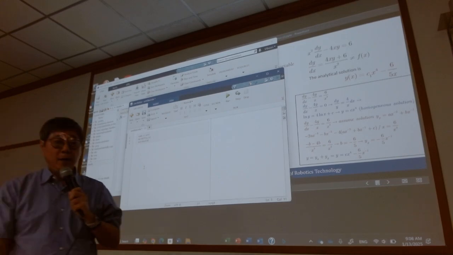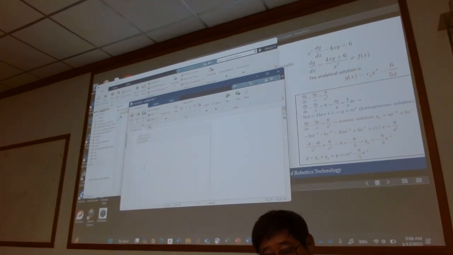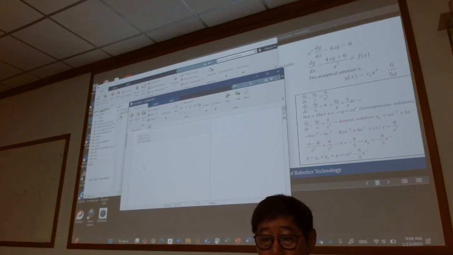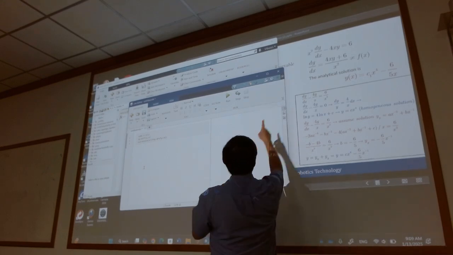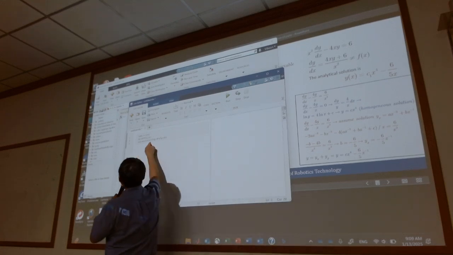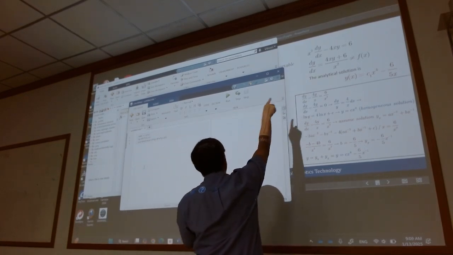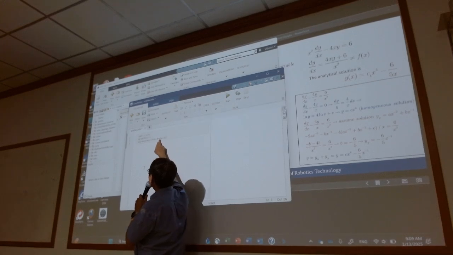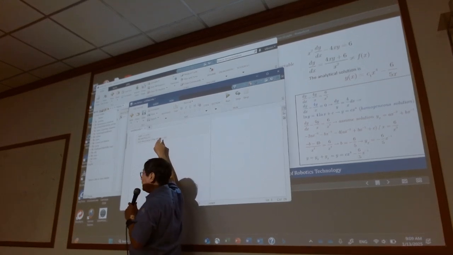Okay? I have to put the equation inside. My equation is x squared multiplied by dy by dx minus 4 multiplied by x multiplied by y equal to 6.